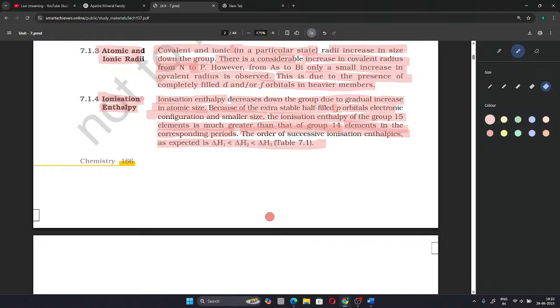And a line to be remembered: the ionization enthalpy of 15th group elements is much greater than that of 14th group elements. This is because these elements have a half-filled p configuration which is very stable, and so when the corresponding elements of the 14th group are taken, they have a lower ionization enthalpy, as we are not disturbing the stability here.